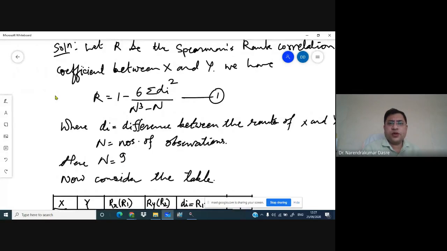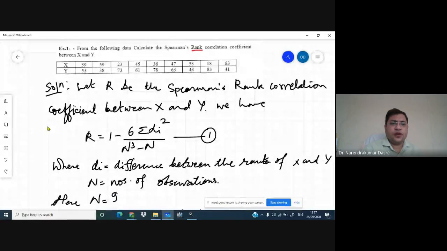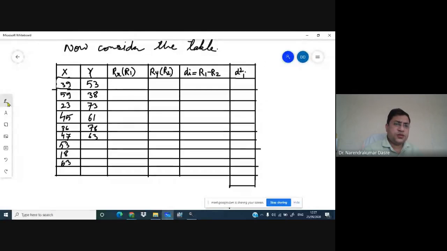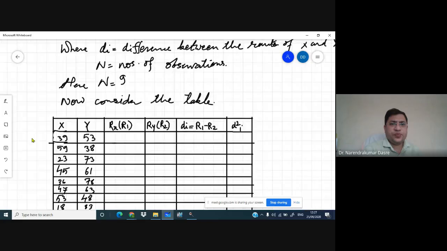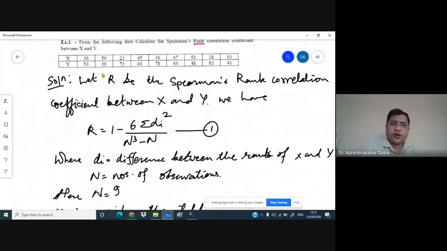Now see what is remaining: 48, 83, and 41. Here we don't want summation of x or summation of rank. We are interested in only the summation of di square. So that's what we got. Now we got this one.